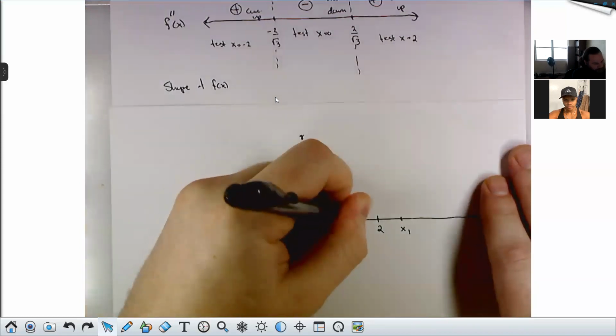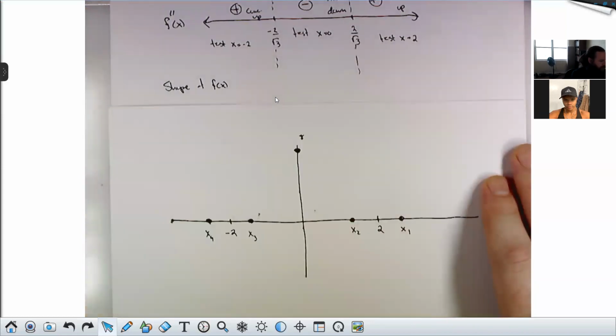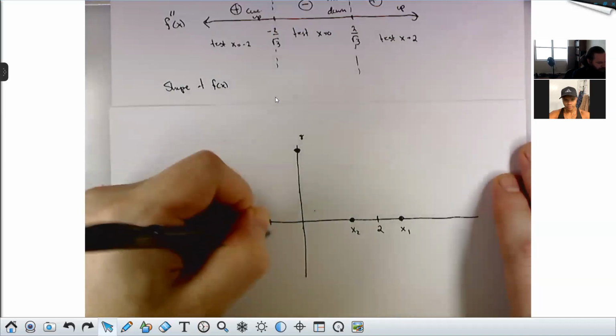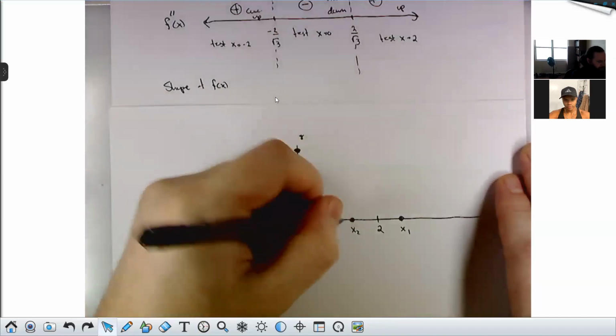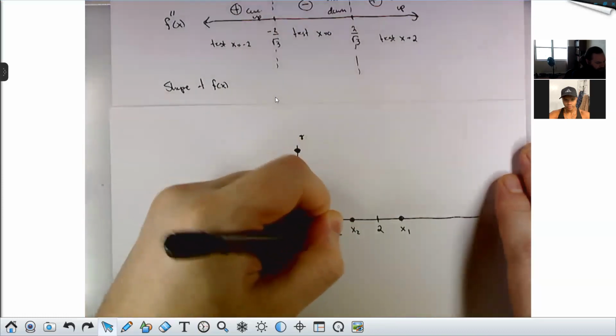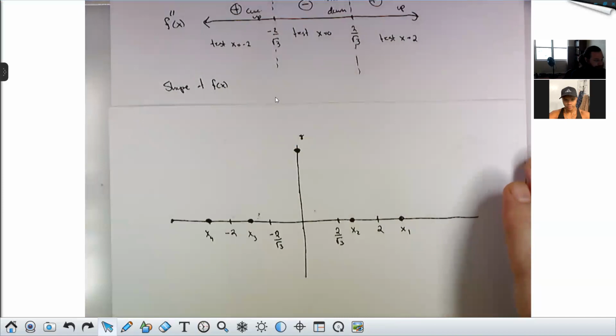That's what they are, they're points on this graph. 2 over the square root of 3 is definitely bigger than 1, but smaller than 2. That's what we said. So we're going to say -2 over root 3 is here, and +2 over root 3 is here.